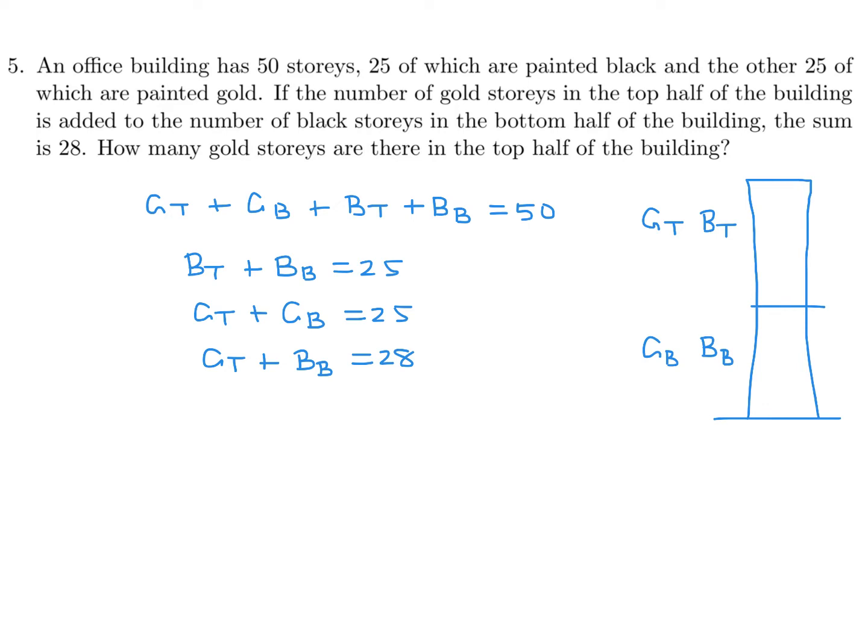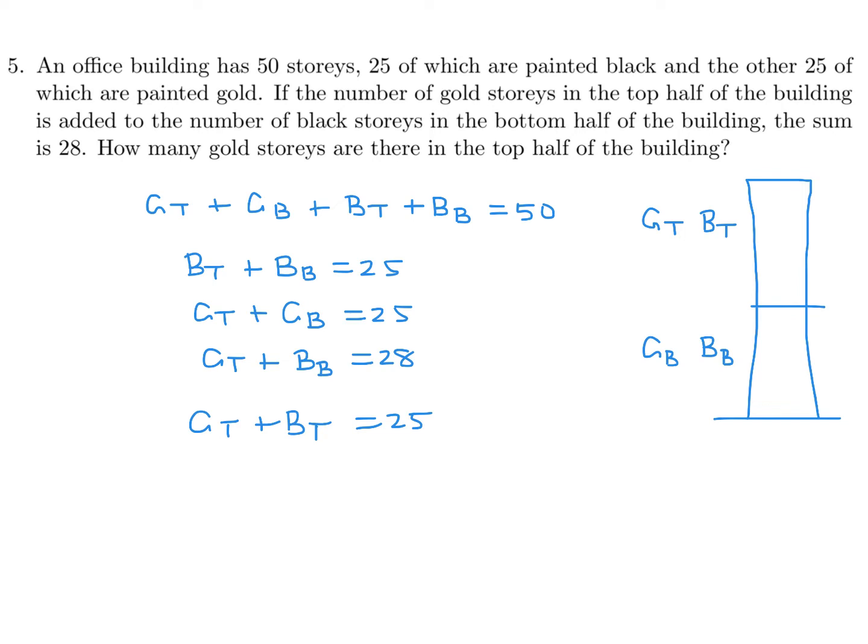Anything else? Oh yeah, right. These two are in the top. So the top half is 25, correct? So GT plus BT is 25. And similarly, these two are in the bottom half.